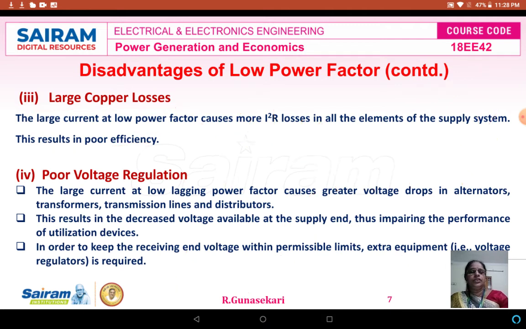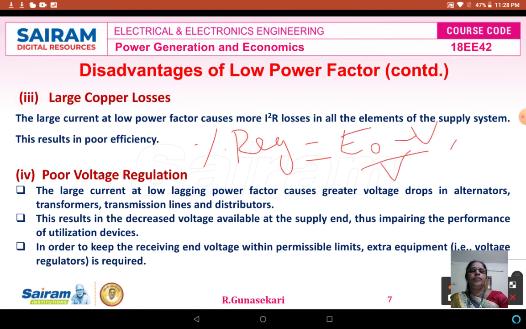Then next, poor voltage regulation. You already know the voltage regulation. What is the formula? The percentage of voltage regulation equals E naught minus V divided by V into 100. E naught or E is the no load voltage, and V is the rated voltage or full load voltage.